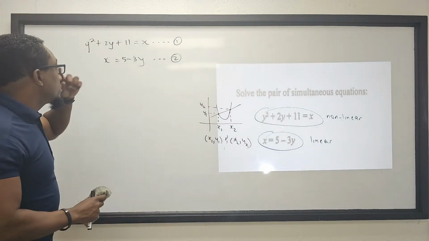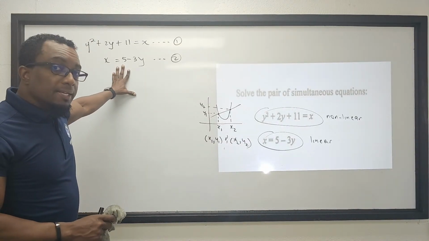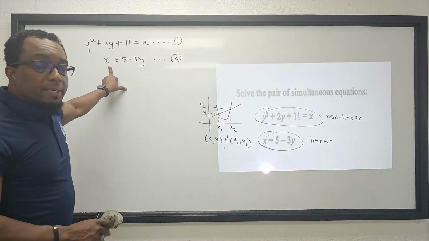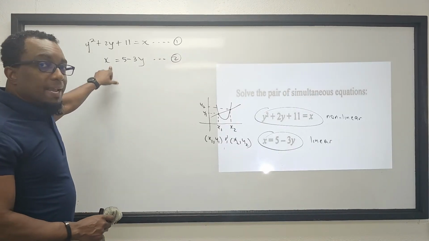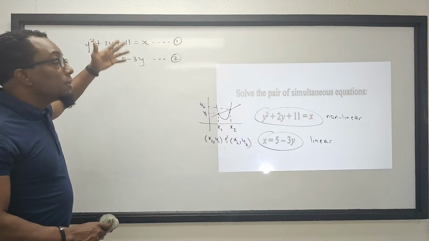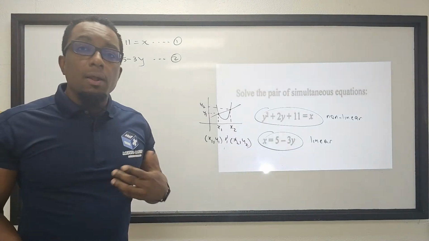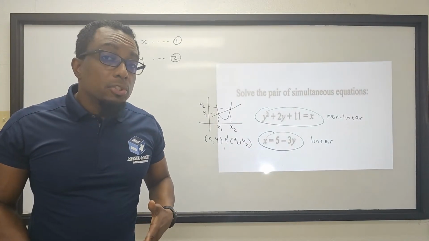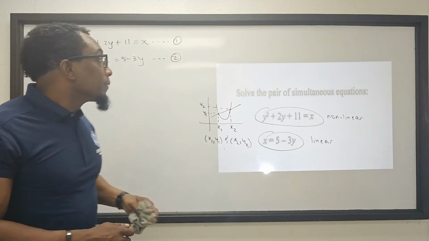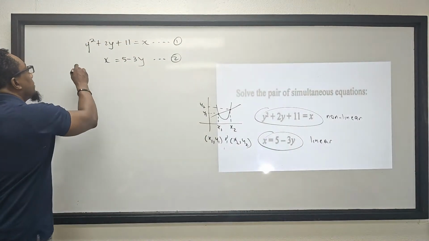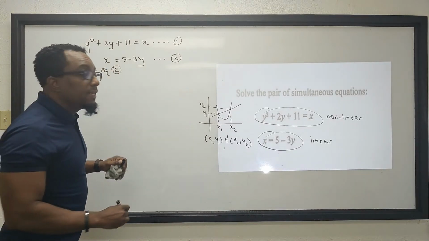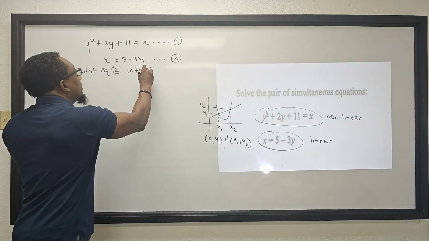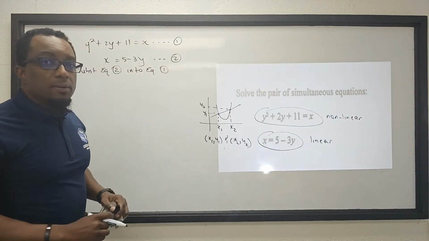So we're going to substitute using your linear, so focus on the linear. We see where x is already the subject, which is good. So what I'm going to do is to substitute my linear equation into my non-linear equation, which will allow me to establish a quadratic equation, which you're going to see now. So I am going to substitute equation 2, which is my linear, into equation 1, which is my non-linear.